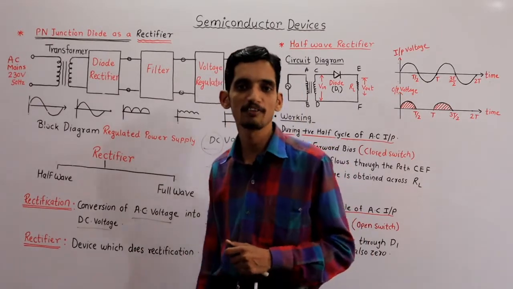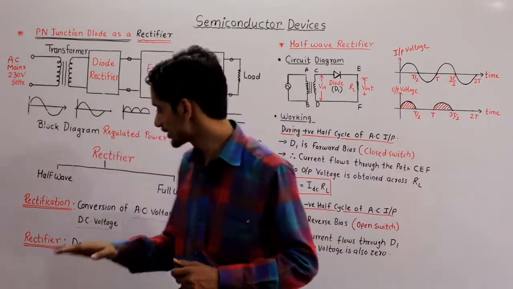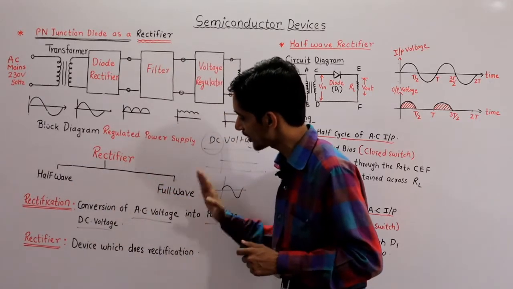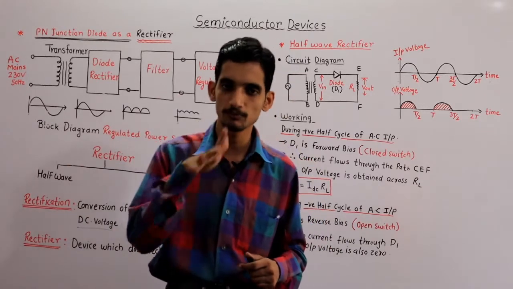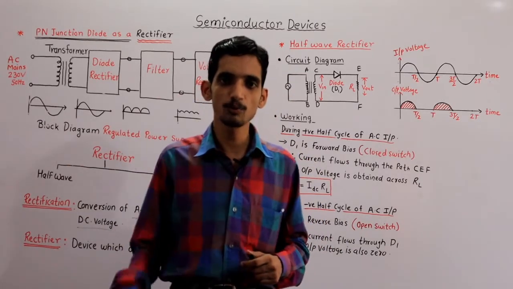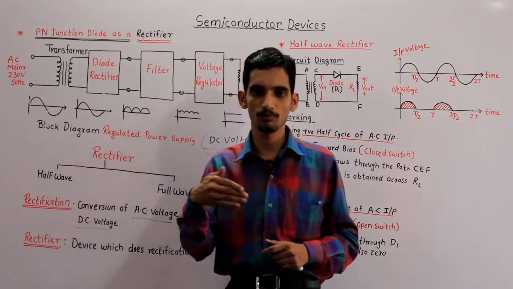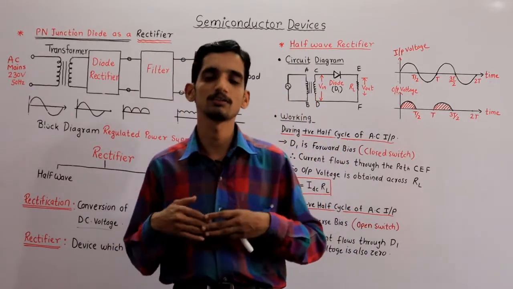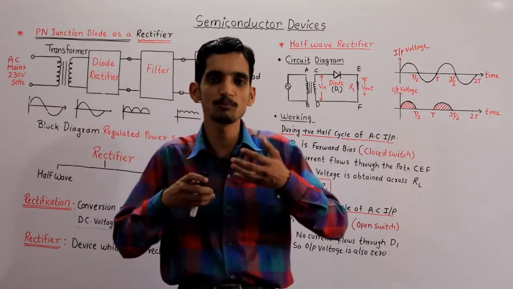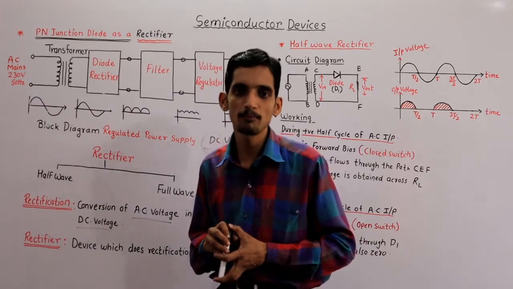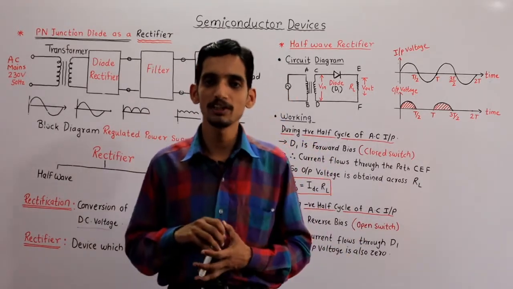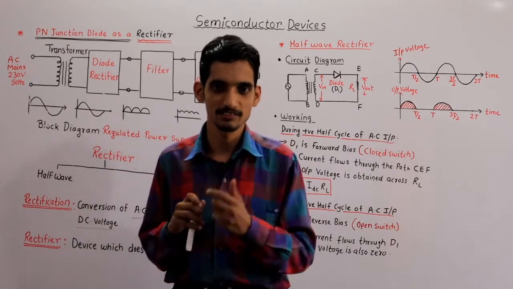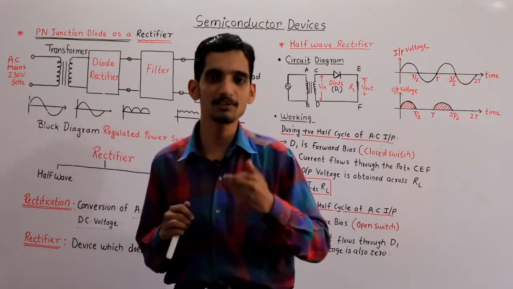full wave rectifier. Now, you can understand half wave and full wave rectifiers with a simple example. Suppose we are in the summer season and we want to drink a cold drink or sugarcane juice. We demand half a glass, which means we pay for only half a glass.